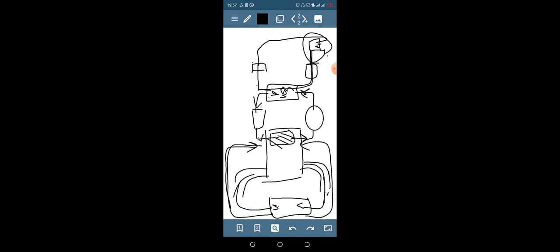It is not very clear because I just have a touch pen, so I cannot make perfect drawings, but for understanding I just drew these drawings. So this kind of setup is installed in our main auditorium.